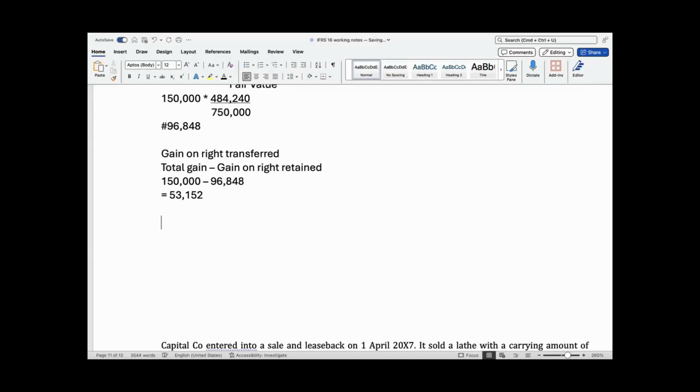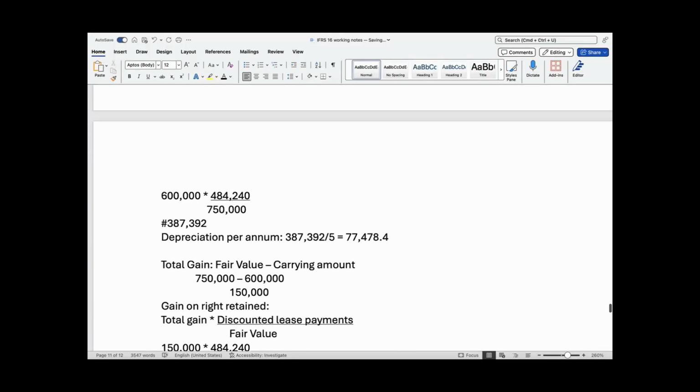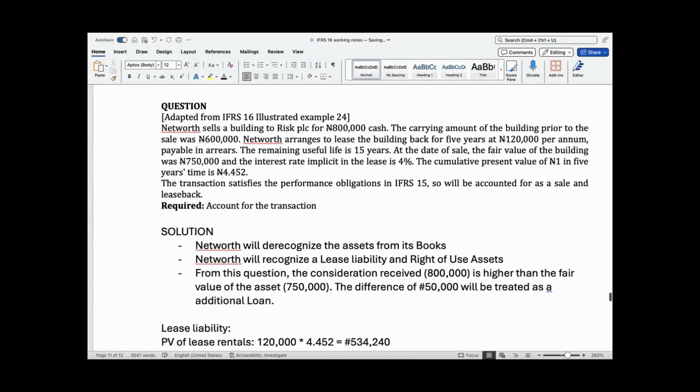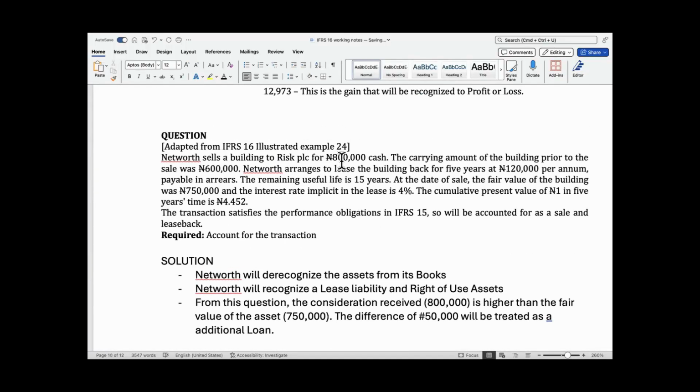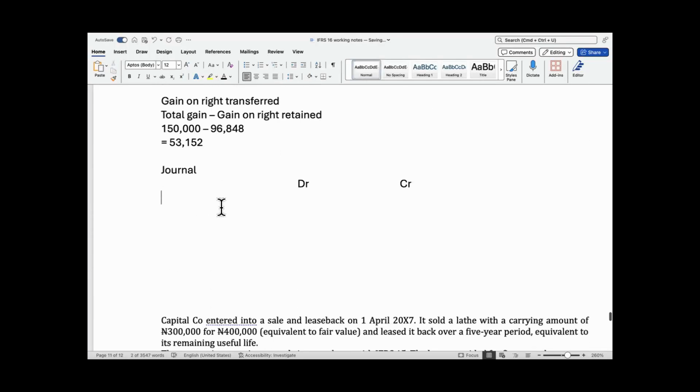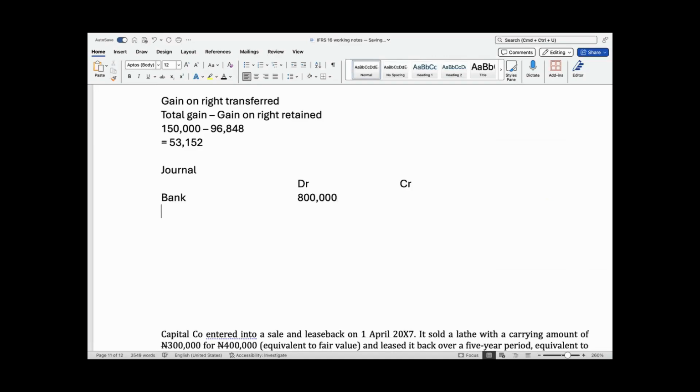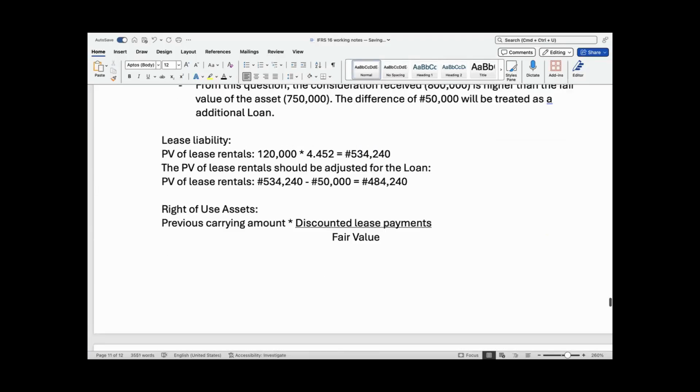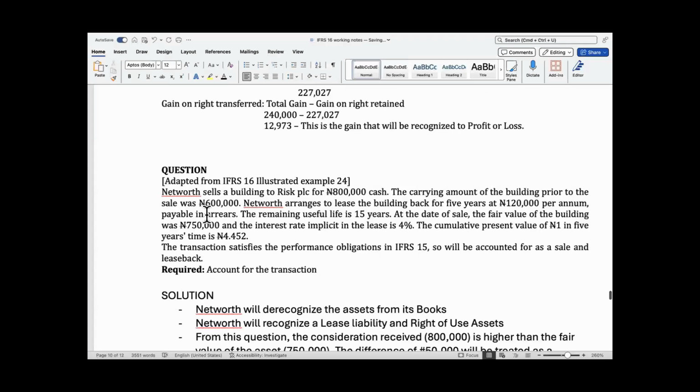If I want to put this transaction for you in a journal, first, you received 800,000, so money came in, 800,000. He sold the asset. He will remove that from his books, the 600,000.